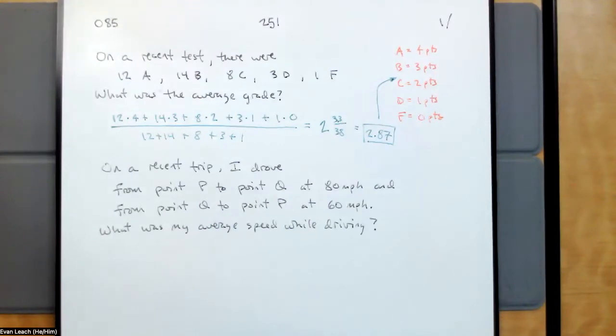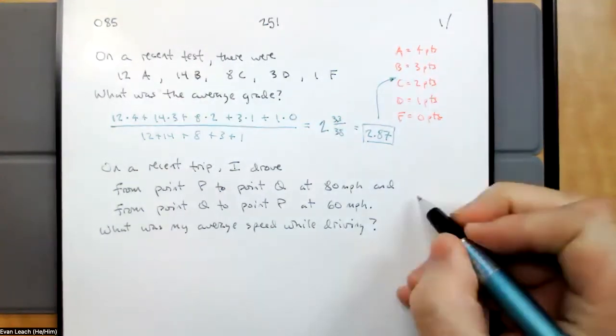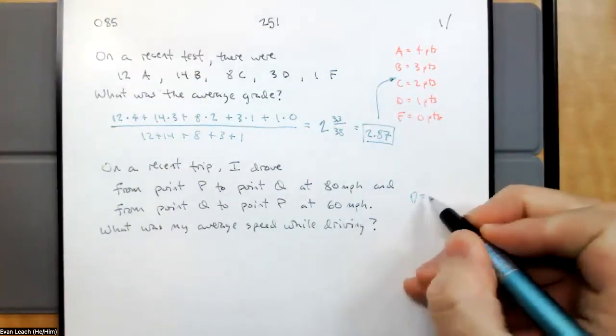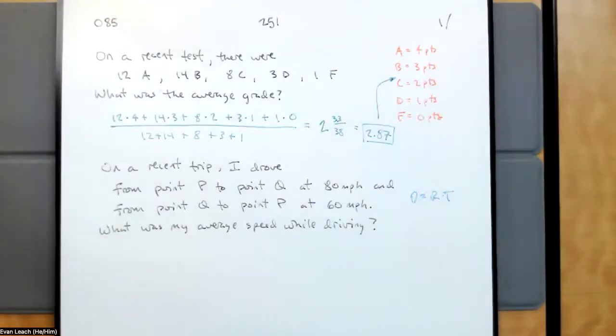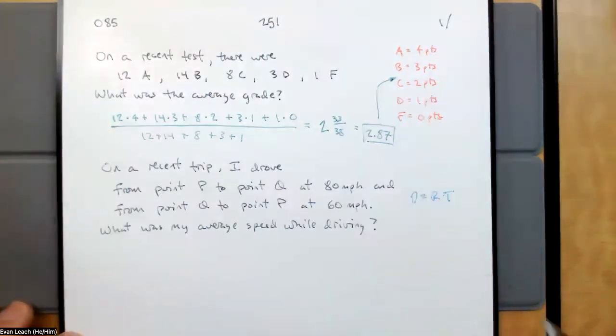How are distance, rate, and time related? We know the distance is equal to rate times time. What I want to know about is an average rate, so I'll divide both sides by t.